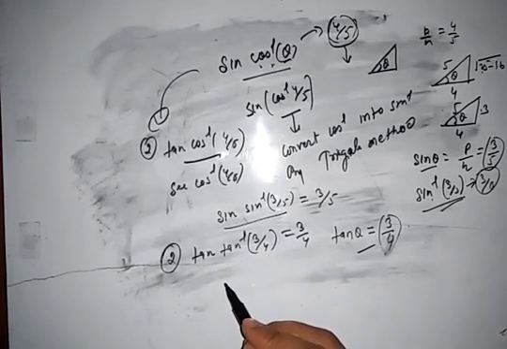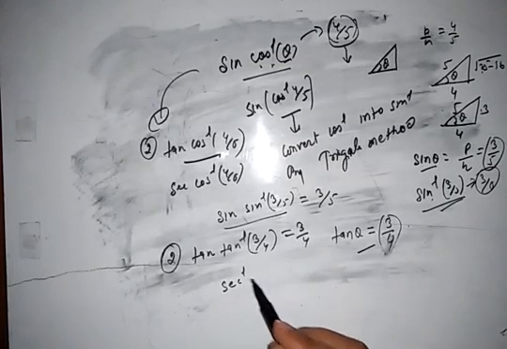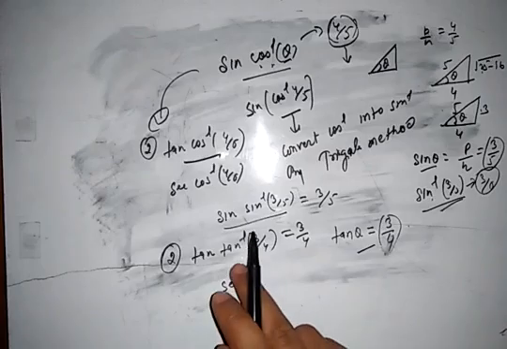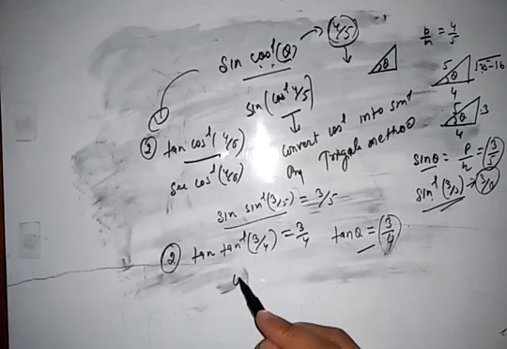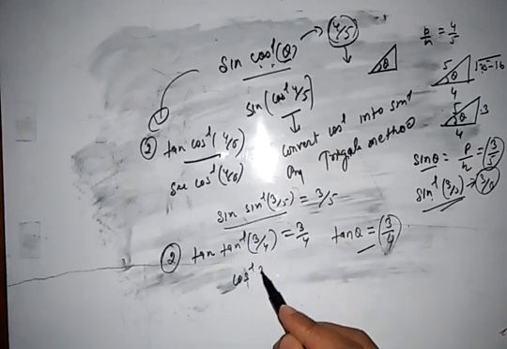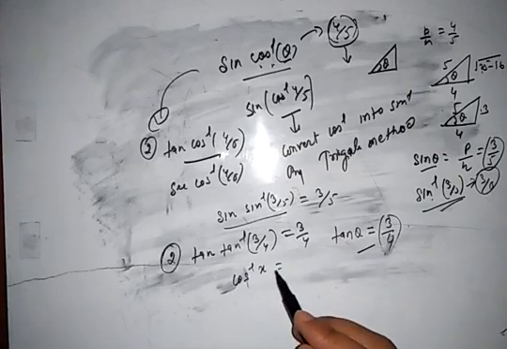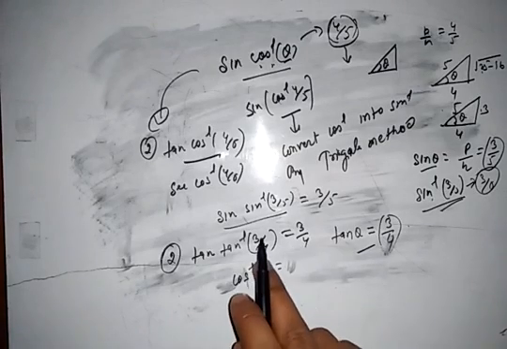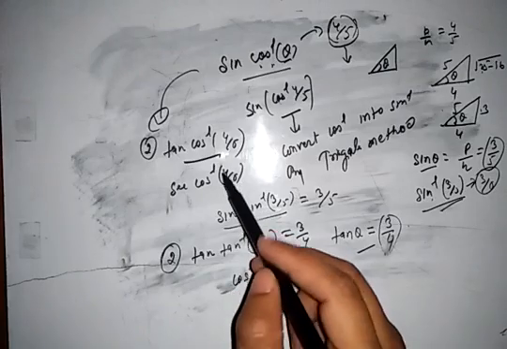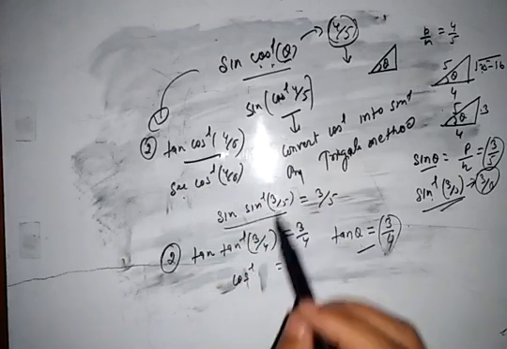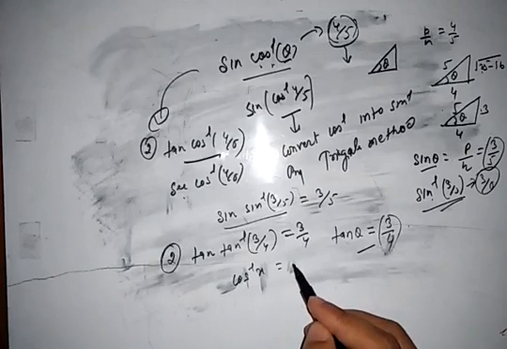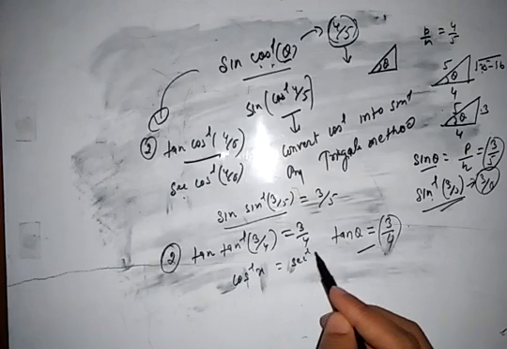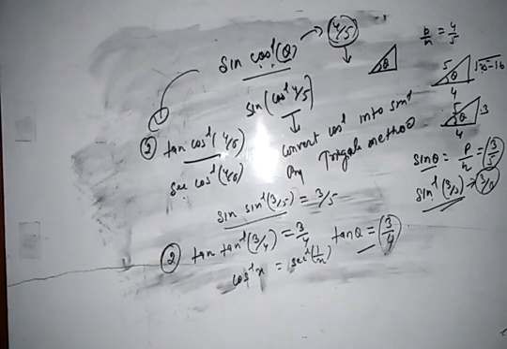Another question is, sec inverse something here. You assume here cos inverse x, you can say sec inverse 1 by x. Convert in this way.